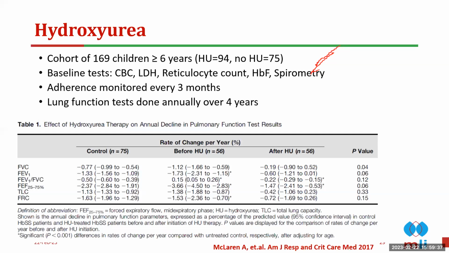At baseline for both groups, they did a blood count as well as spirometry, and they kept monitoring adherence to hydroxyurea because it's very important. The benefits come in when you have adherence of 80%.